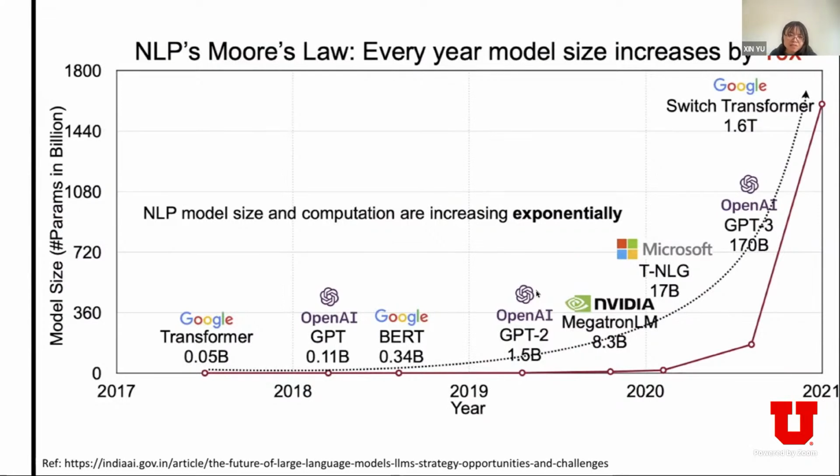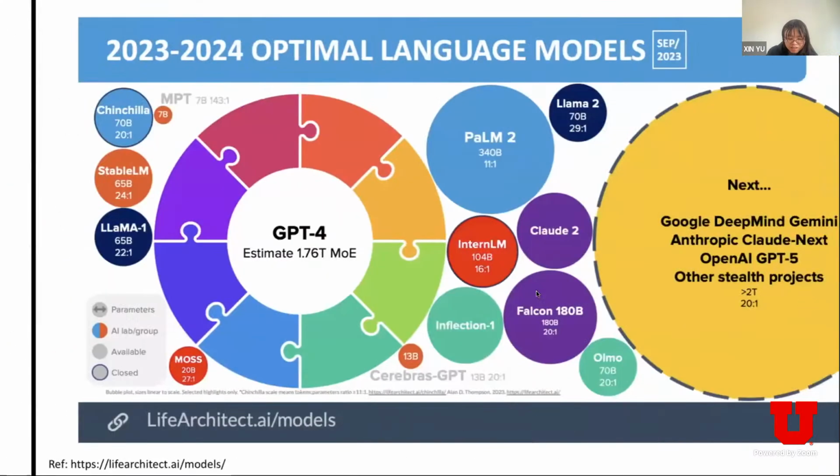When it comes to GPT-2, it has 1.5 billion parameters, and this year GPT-4 actually has an even much larger model size.